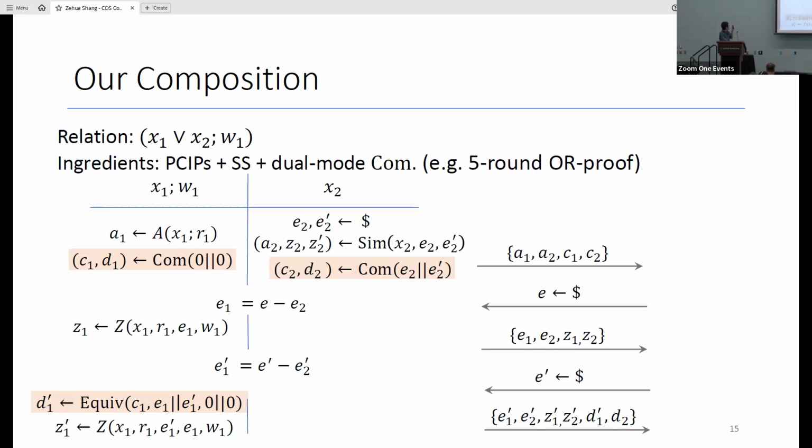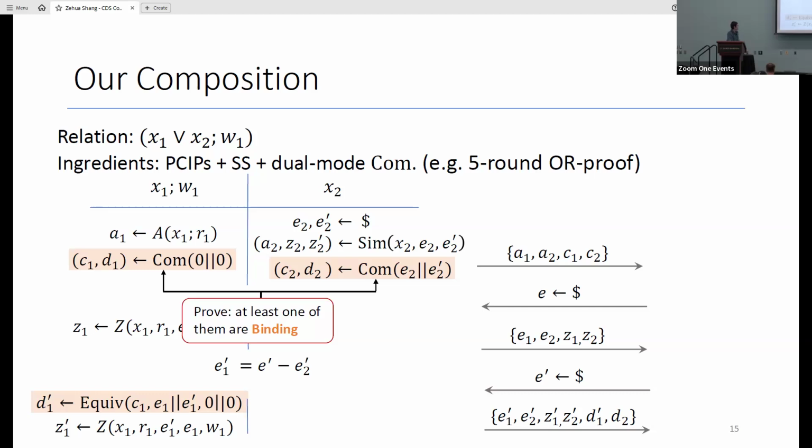And for the part where the prover honestly runs the protocol, we let the prover commit to zeros. And after interaction, once the prover gets the challenges needed, it will equivocate the commitments to new commitment openings.